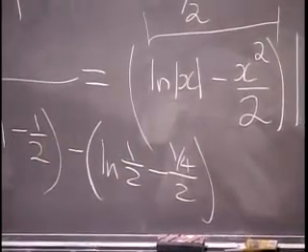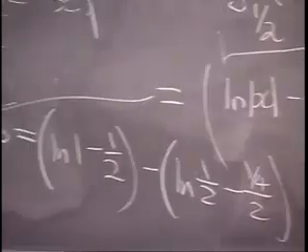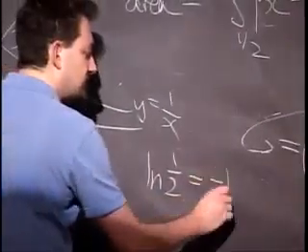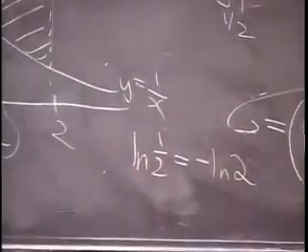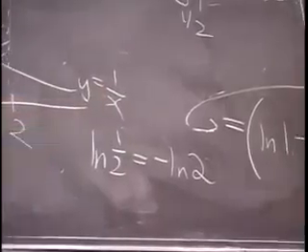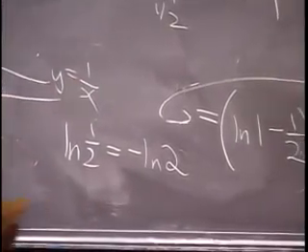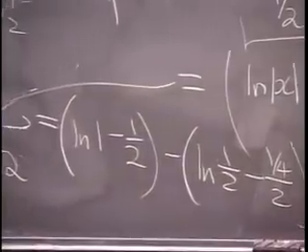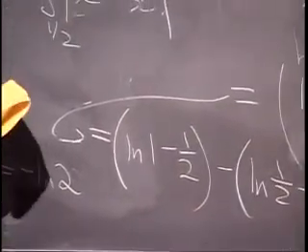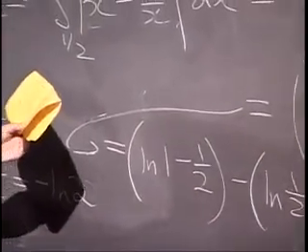It's important that you know this. Log 1/2 is minus log 2. After all, it's log 1 minus log 2, and log 1 is just 0. So if you work this out, log 1 is 0. So this first piece turns out to be log 2 minus 3/8.